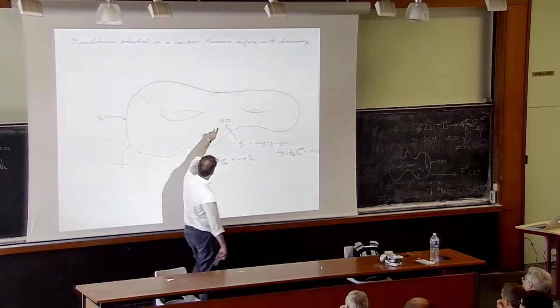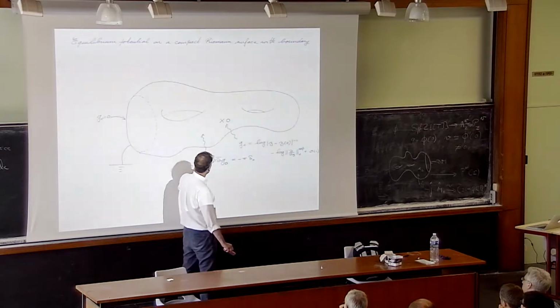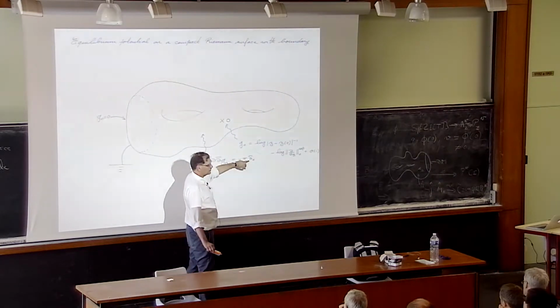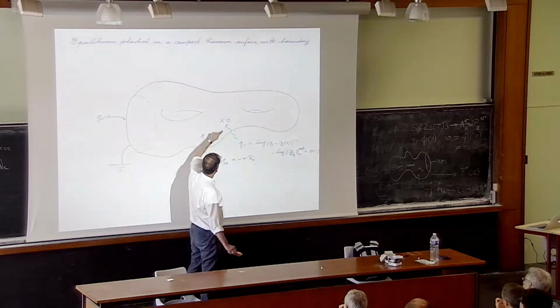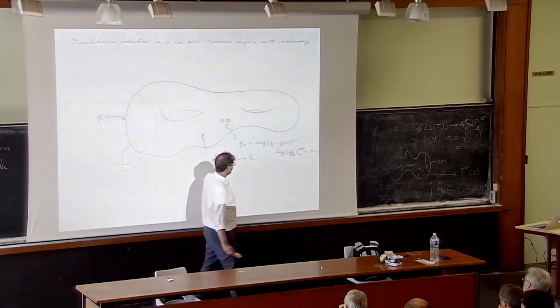So if you put a unit charge, using current theory, it corresponds to the fact that i dd bar g0 is minus pi delta 0. And this function g0 has to be harmonic outside the point 0. It has to vanish on the boundary. This is the Dirichlet boundary condition.